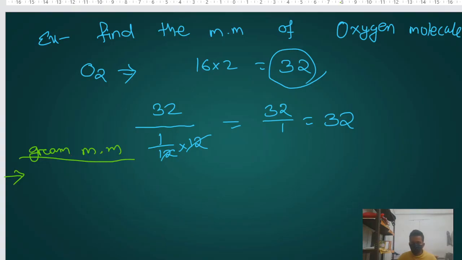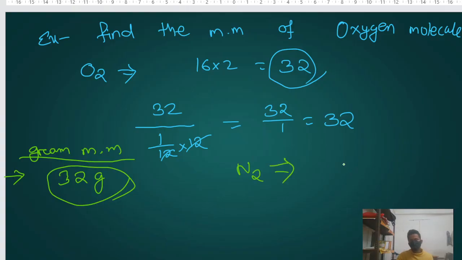You calculated the molecular mass of the oxygen molecule, that is 32. When this 32 is expressed in gram, that is 32 gram, it is called the gram molecular mass of the oxygen molecule. Like this you can write the gram molecular mass of any molecule. Let's suppose I have to calculate the gram molecular mass of the N2 molecule.